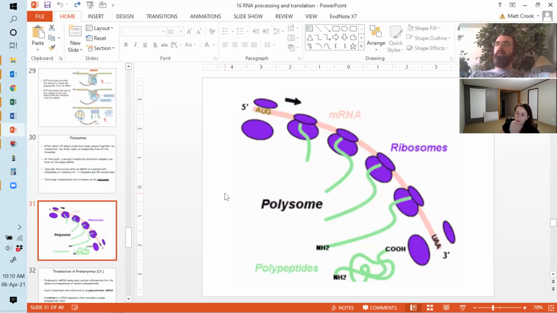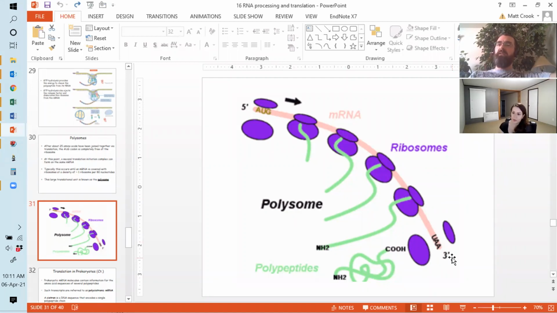In prokaryotes, there are structures in the mRNA which can interfere with translation if they're allowed to form. So there are intrinsic factors in the mRNA which can interfere with translation. We'll get to how that can happen in just a little bit.